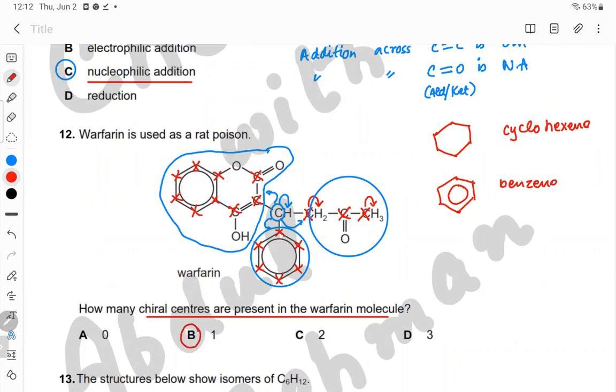And in benzene, you have to remember that there is no chiral carbon, because each carbon is having a pi bond.